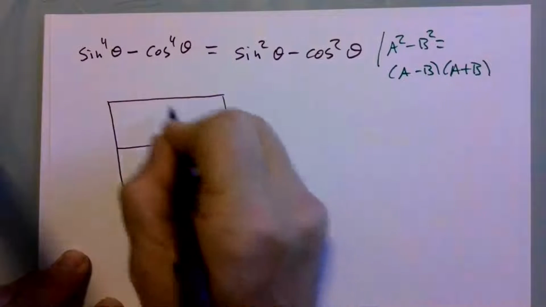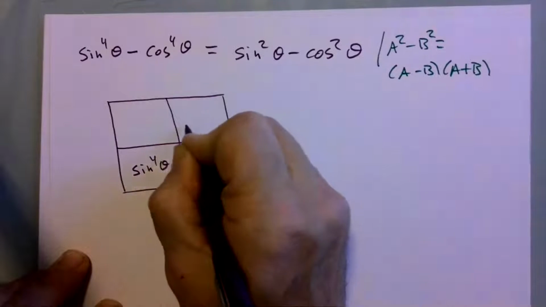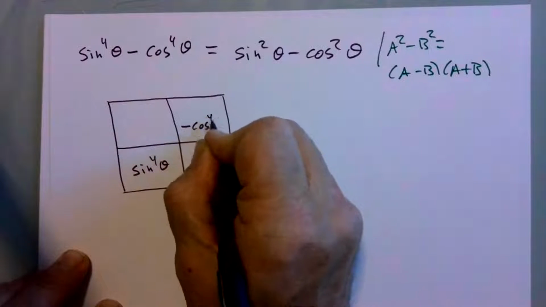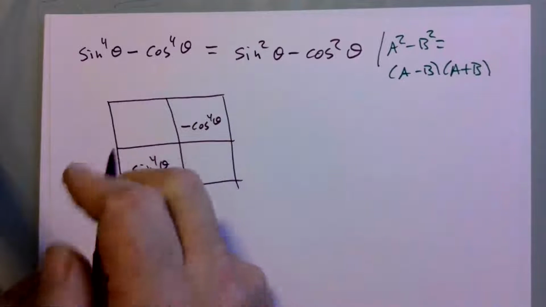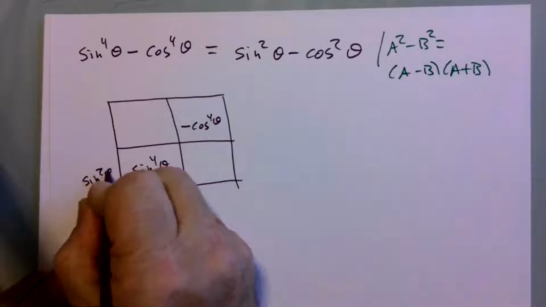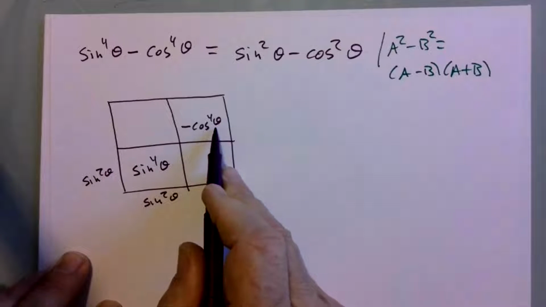And we can say our first term is sine to the fourth of theta. Our last term is negative cos to the fourth of theta. And how do we build sine to the fourth of theta? What times what? Well, that would be sine squared theta times sine squared theta. How do we build negative cos to the fourth of theta?